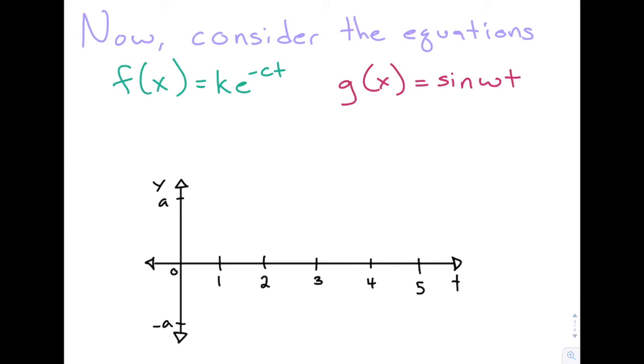And that constant will come back into play here. So now I have an equation, f of x equals k e to the negative ct. And kind of our simple harmonic motion equation, g of x equals sine omega t. And let's say h of x equals f of x times g of x.